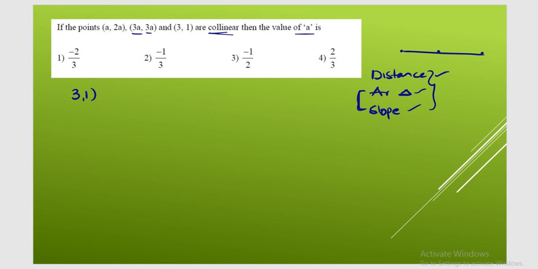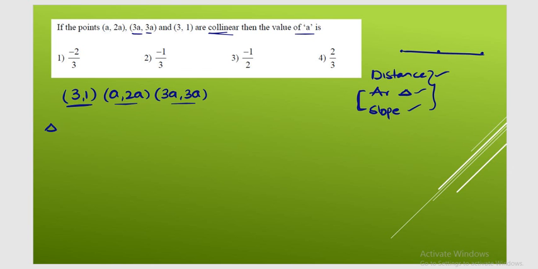By the area method, I am going to consider the points one by one: 3 comma 1, a comma 2a, 3a comma 3a. Here I am taking first the point whose coordinates are both known, and the unknowns I am considering as the next 2 vertices, right?